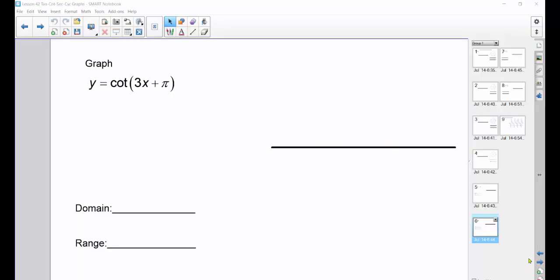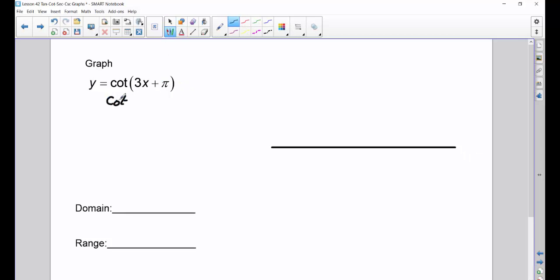So here's a cotangent function, much like a tangent function. First thing we're going to have to do, though, is we're going to have to take and factor. So this goes to cotangent of 3 times x plus pi over 3. Period. Just like tangent, instead of 2 pi over k, we're going to go pi over k, so it's pi over 3.